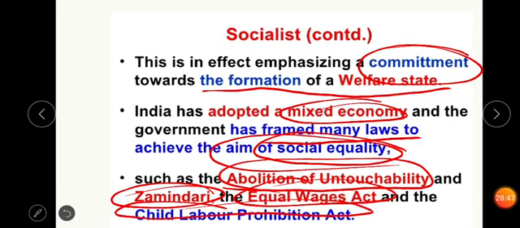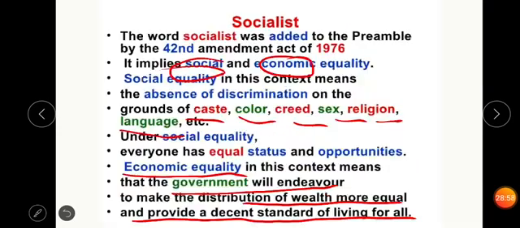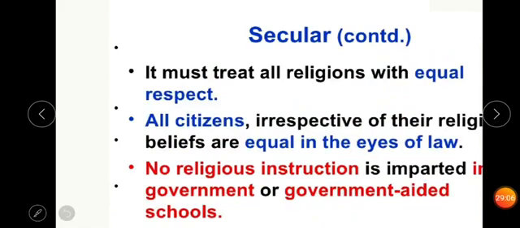These acts are made for economic equality. No one can be discriminated against on the basis of caste, creed, sex, religion, color and language. So this is about the socialist.